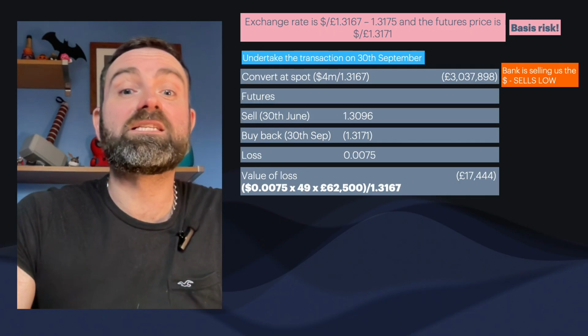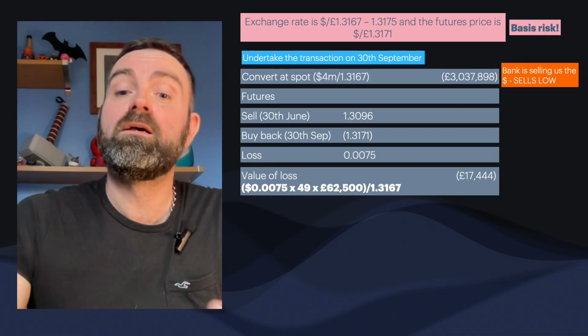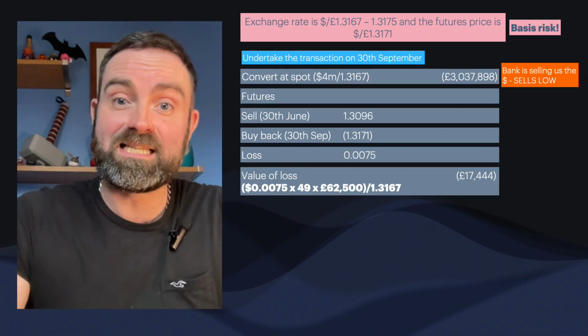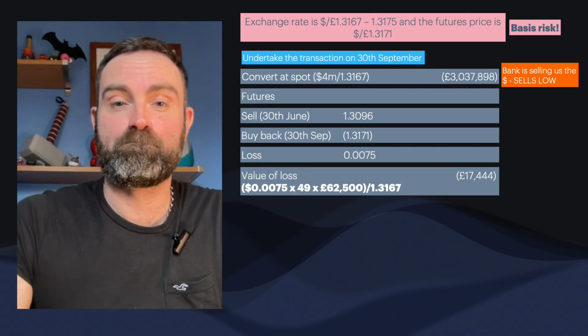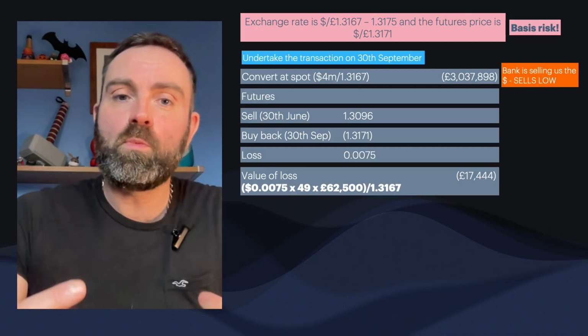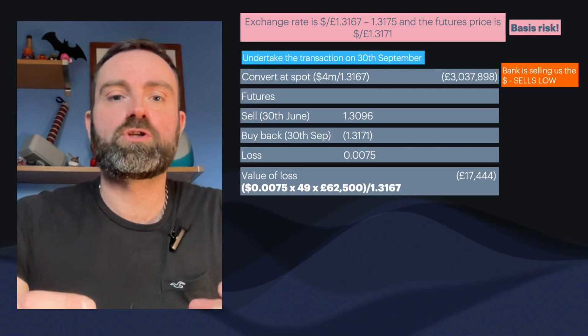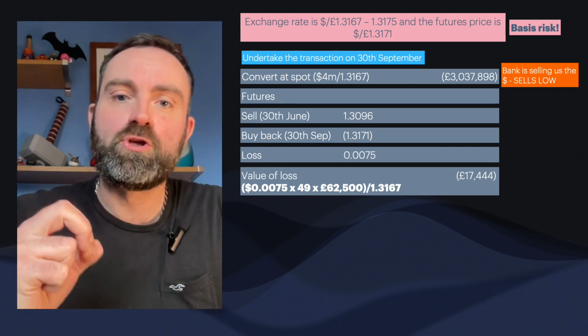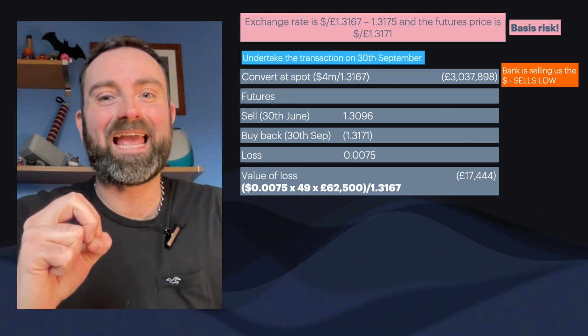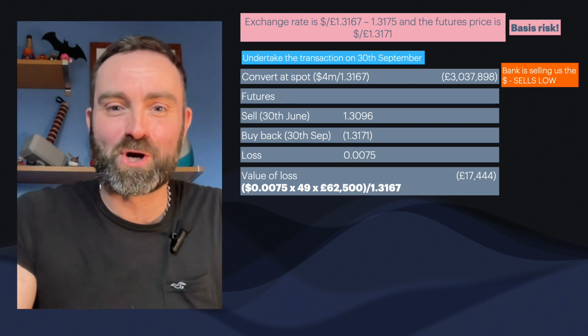And we multiply by the standard contract size in sterling, which was £62,500. Now, that will give you initially the total loss on the futures. But annoyingly, it gives you the loss in dollars. It gives you it in the wrong currency.